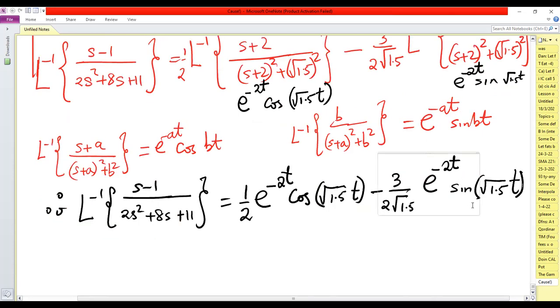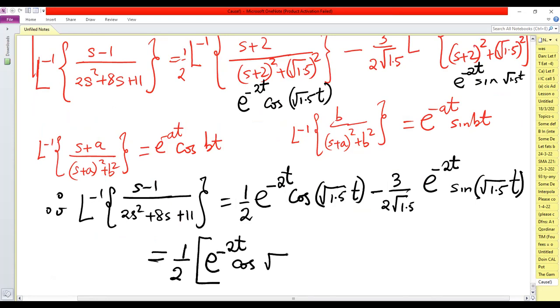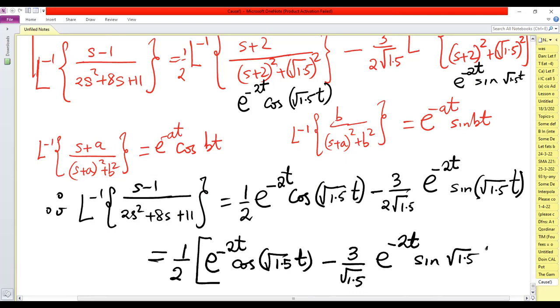If you like, you can factor out the half and write it as a half into e raised to the power negative 2t, cosine of square root of 1.5 t minus 3 over root 1.5 e raised to the power negative 2t sine of square root of 1.5 t.